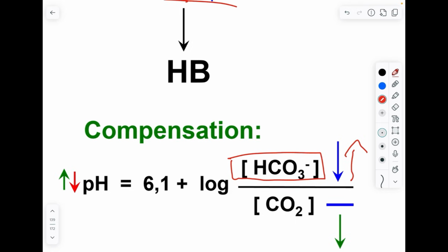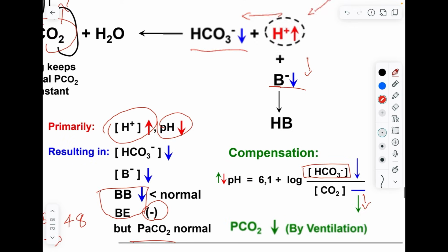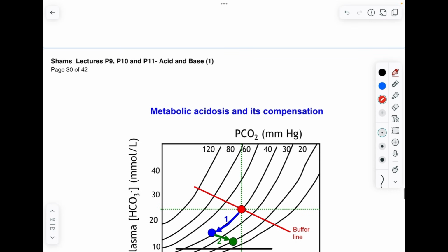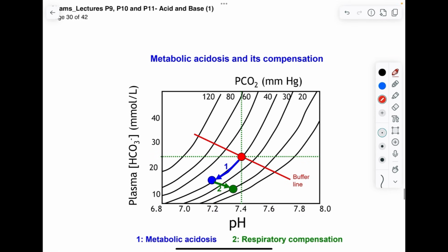If it did, we would be at home now. So what it does is compensate by decreasing CO2 to return the whole thing to normal. And as we said, what is this? Metabolic acidosis. So how are we treating it? By respiratory alkalosis. Just reverse the whole thing.